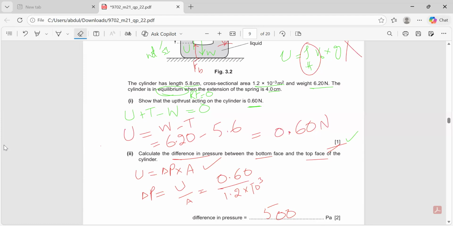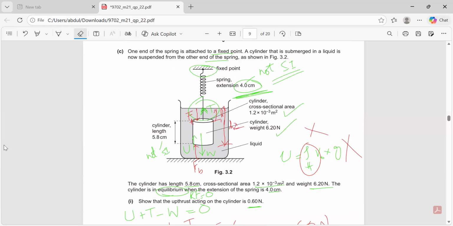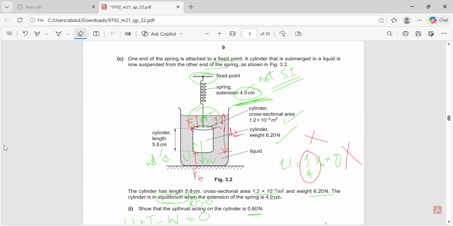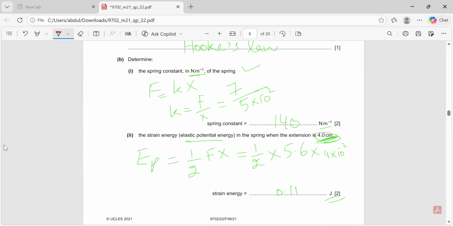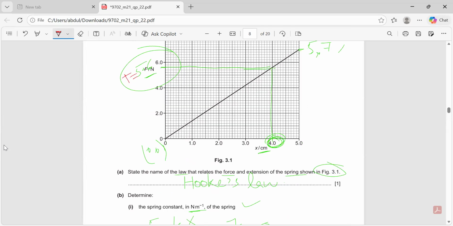How do you get the tension? Yes, my dear son. It was mentioned that when this cylinder is underwater, in the fluid, the extension produced in the spring is 4 centimeters. When there is extension produced in the spring, there will also be tension force on this. So we can go back to the graph.